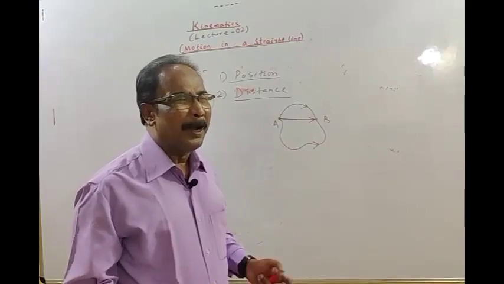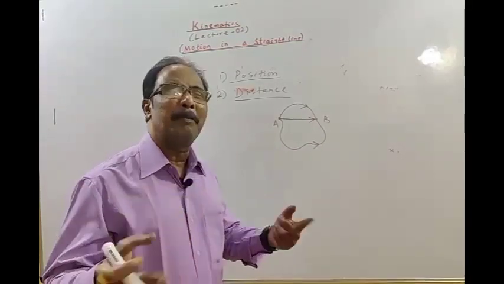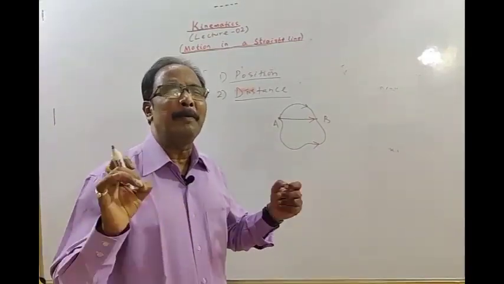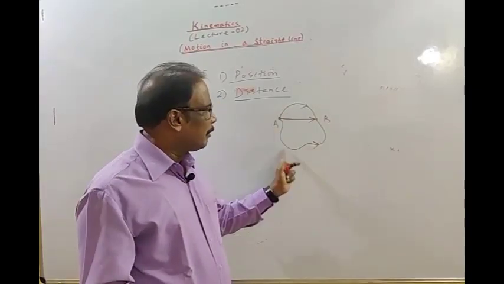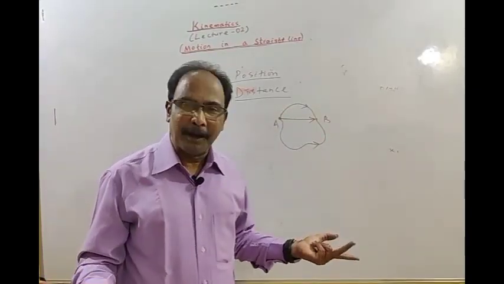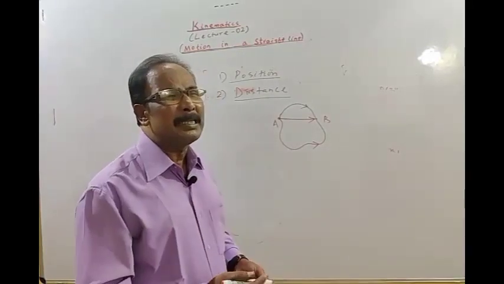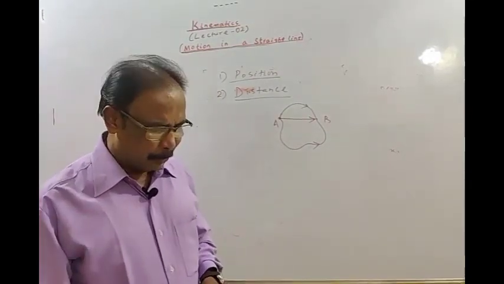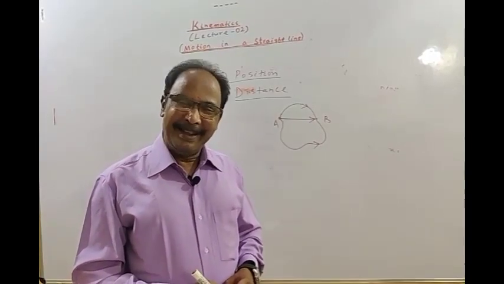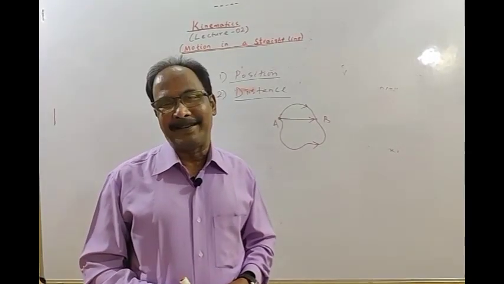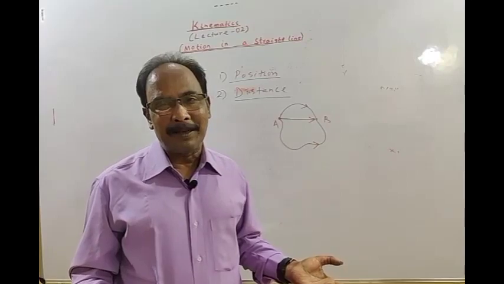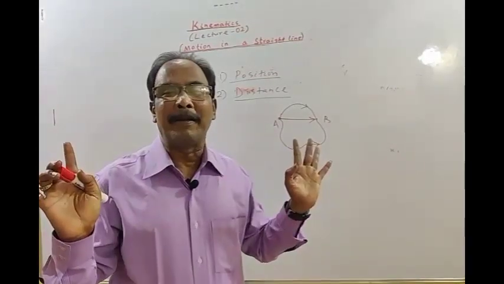So overall, distance is the actual path traveled by the body, whatever the nature of the path, maybe curved or a straight line. We have to measure the actual path length. This discussion also shows that distance is path dependent.